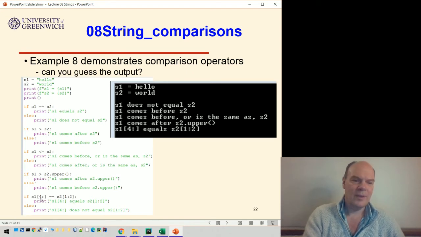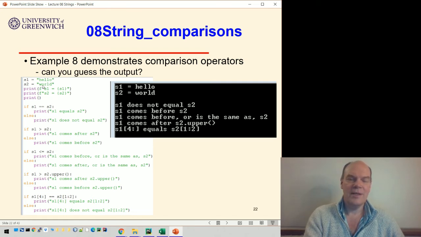And then the last one, S1 slice 4 onwards, that's the character o. So it's everything from the fourth character onwards, where H is 0, 1, 2, 3, 4. So it's just a string that contains one single letter o. And S2 slice 1 colon 2, that's the character 1.